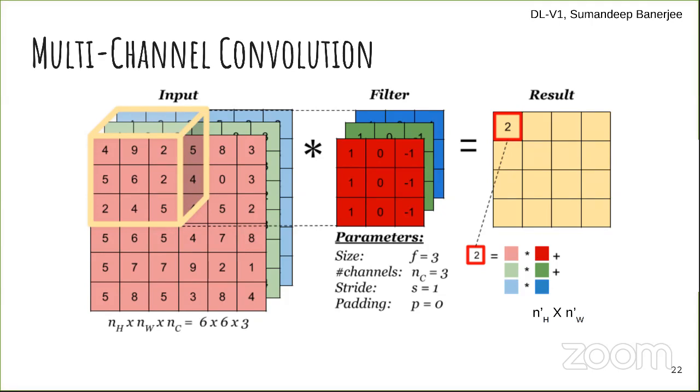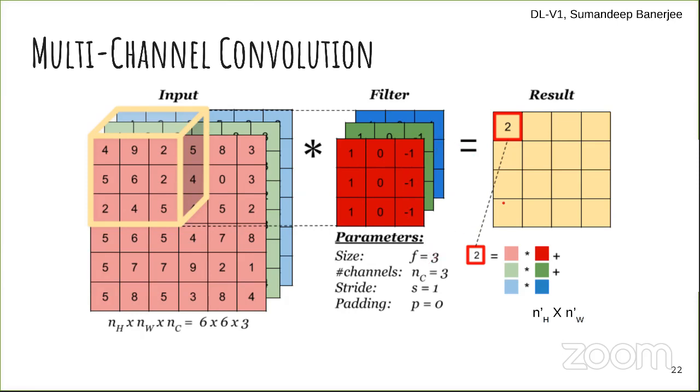So when we have to apply a filter on it, we have to define the filter weights separately for the red channel, green channel, and blue channel. Because what we want to do with the red color of the image may be different from what we want to do with the green color or blue color of the image. So the actual filter we define is F cross F cross NC. In this case, we end up with a 3 cross 3 cross 3 filter. That means there are 27 coefficients.